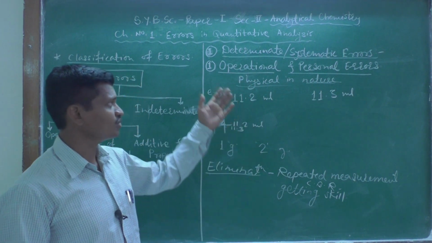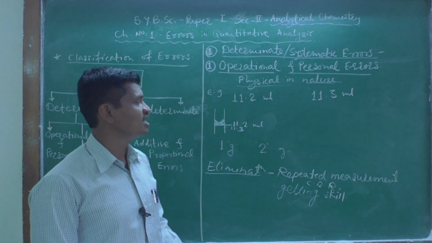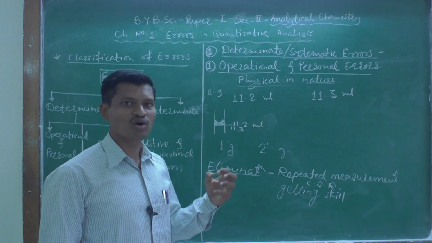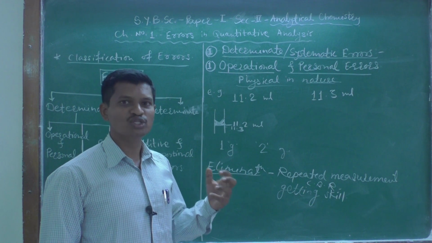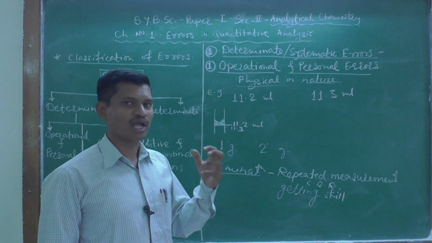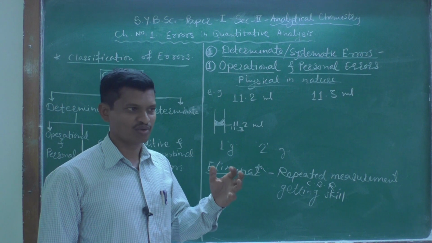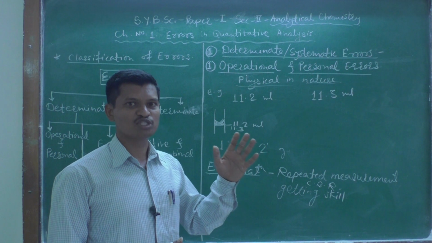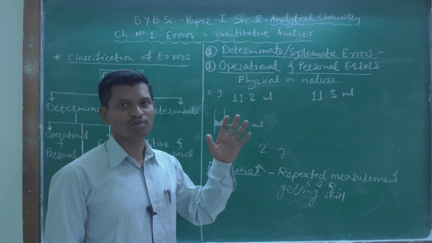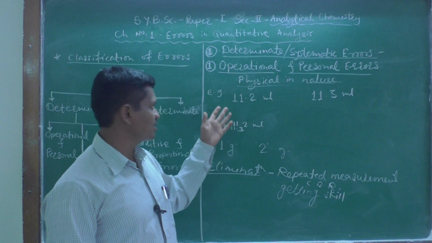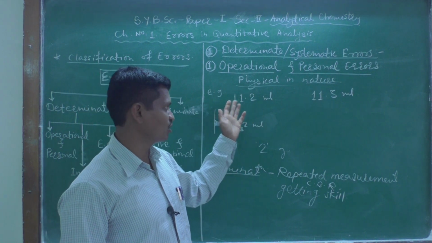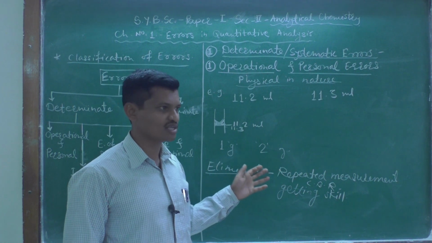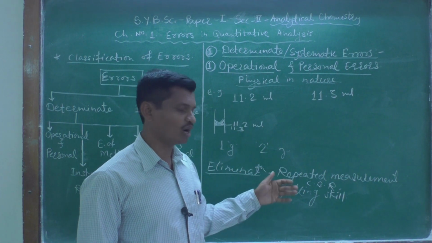Let us see again, what are personal and operational errors? These are physical in nature, and these errors occur due to the inability of an individual to do a particular analysis or experiment. That particular person is responsible for the occurrence of such errors. The examples I have taken are burette reading, weighing, mistakes in calculations, etc. Elimination: how can they be eliminated?